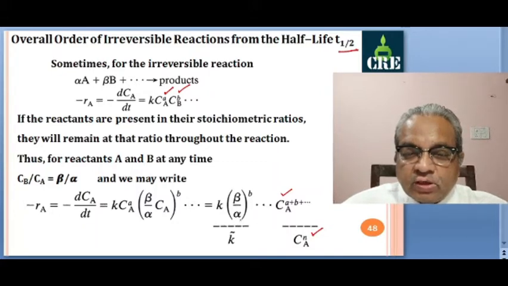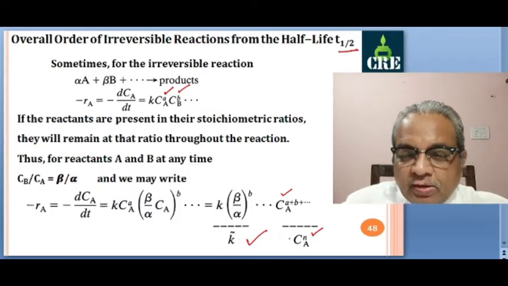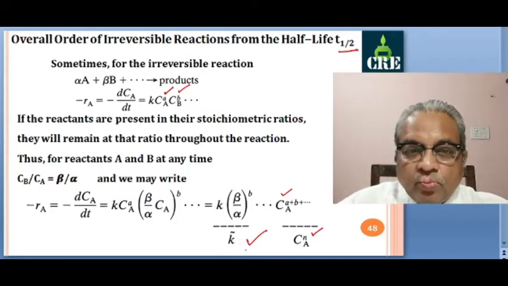Whereas beta is constant, alpha is constant, b will be another constant determined from the concentration time data. So this K into beta by alpha raised to b, this we consider as some other notation for the constant, say K bar. So minus Ra is equal to K bar into Ca raised to n.